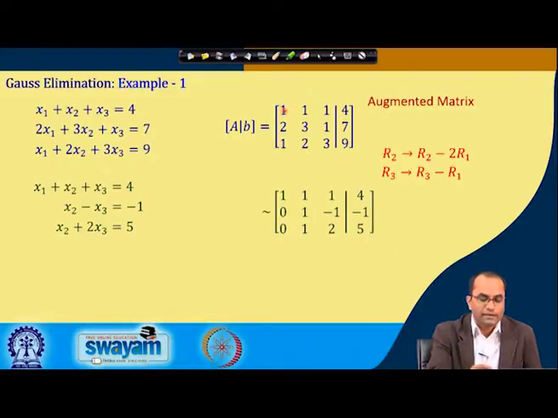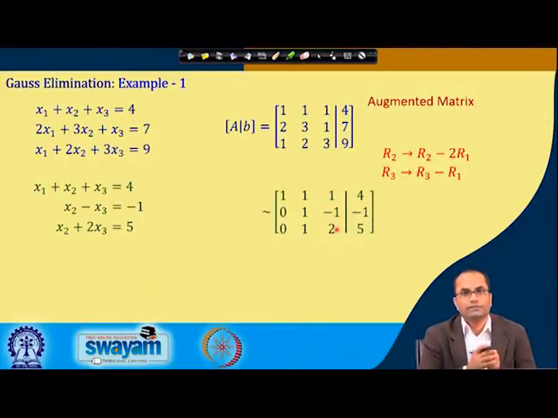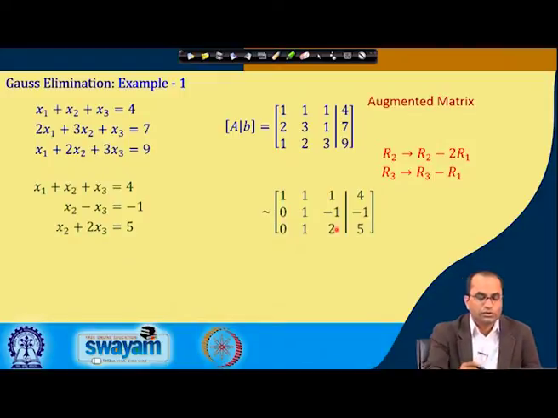So, here 1 minus 1, 0, then 2 minus 1, 1, and then 3 minus 1, this is 2 here, and then 9 minus 4, that is 5 here. So, that is the elementary operation we have made to reduce this augmented matrix into this form.